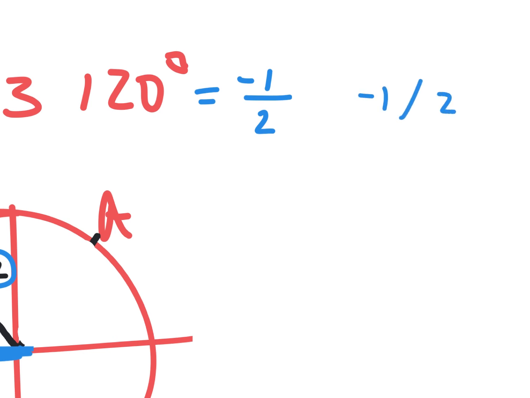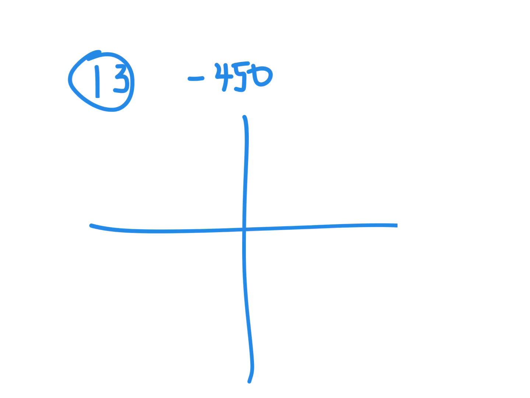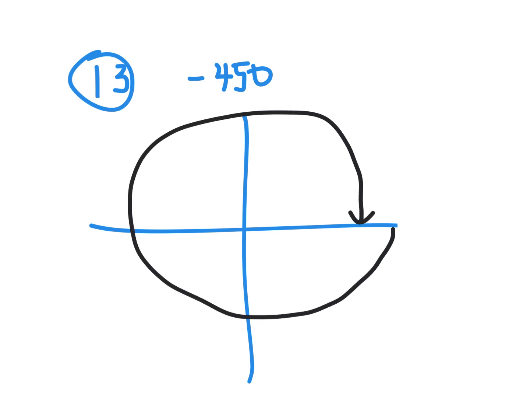Done with that. Okay, now we're going to skip a few to number 13. Everybody get to number 13. I know it's kind of a pain, but the quiz should allow you to go back later to do the other problems. Number 13 is kind of hard. It's negative 450. And it makes you do a whole bunch of things. I'm going to go negative, so I draw my circle like that.